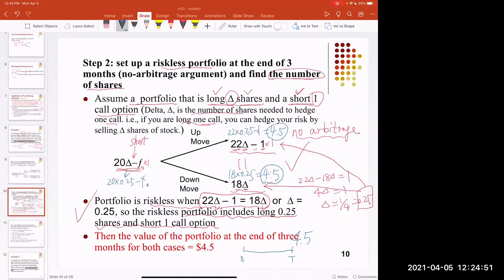So 20 times 0.25 equals what? 5. Yeah, that's 5. For the stock we know the value, but we don't know F0. That's fine. So now we get a time value of money question, which is we want to discount this 4.5 back to time 0 and set them equal. Okay, so that's basically step 3.